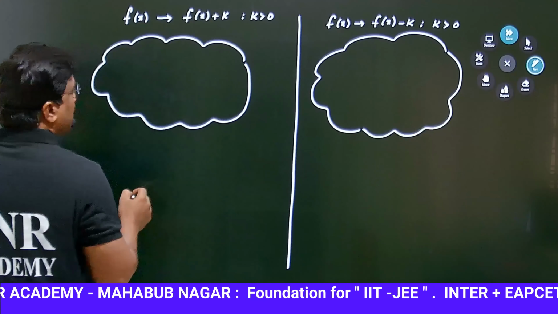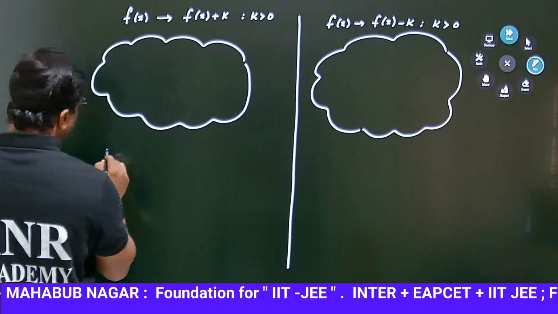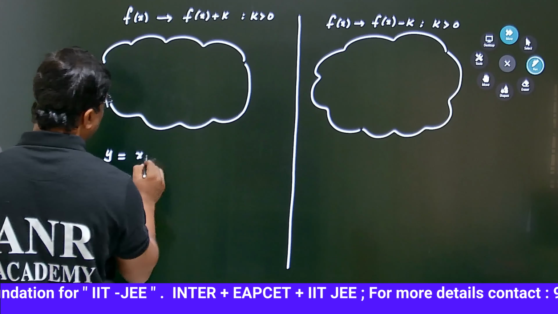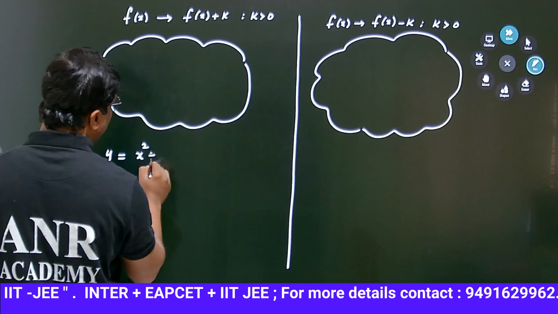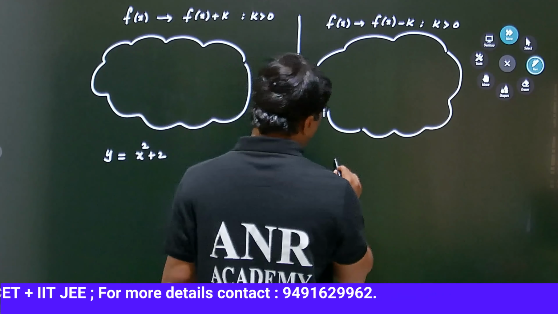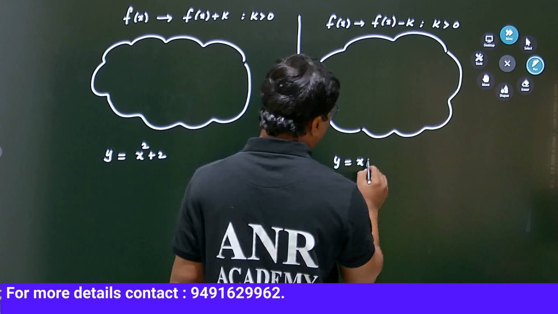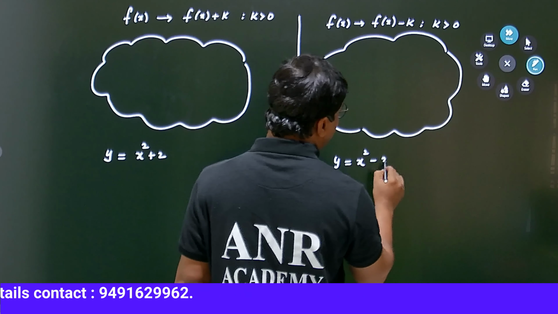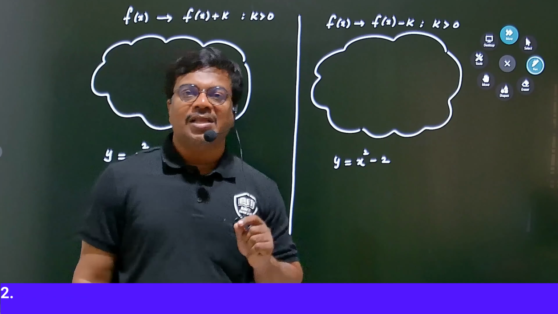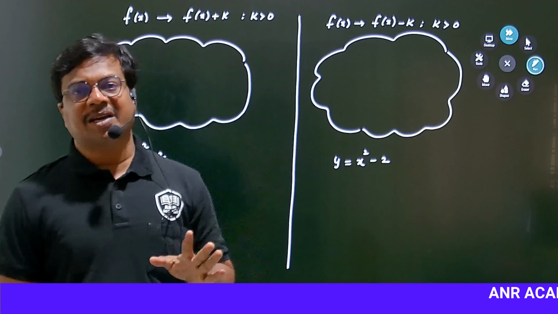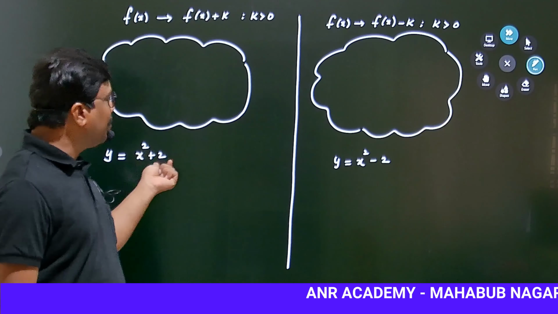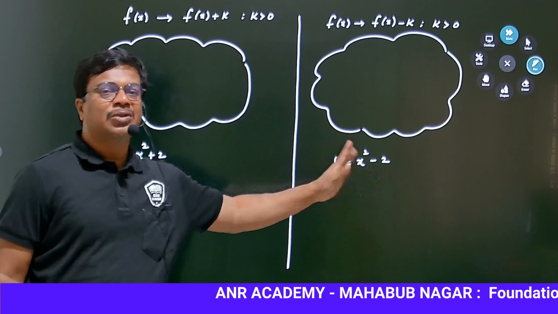Here suppose the question is draw the graph of y equal to x square plus 2, and here suppose the question is draw the graph of y equal to x square minus 2. First you have to draw the graph of y equal to x square, and then you have to add 2 units and subtract 2 units, right?